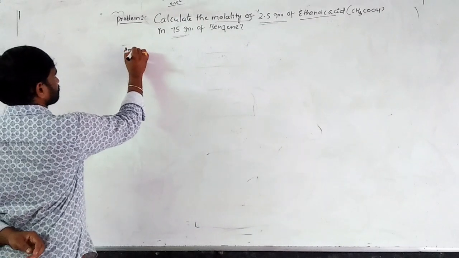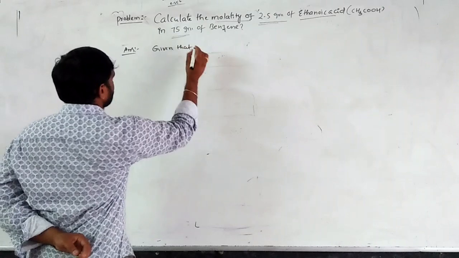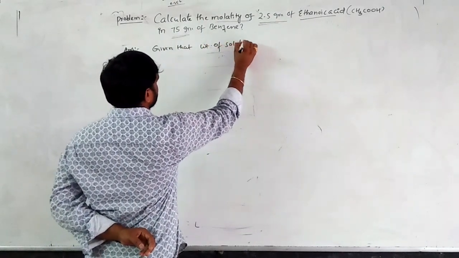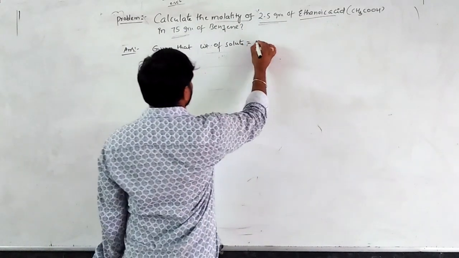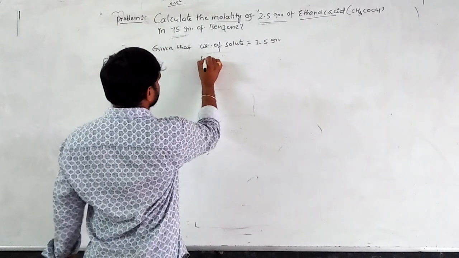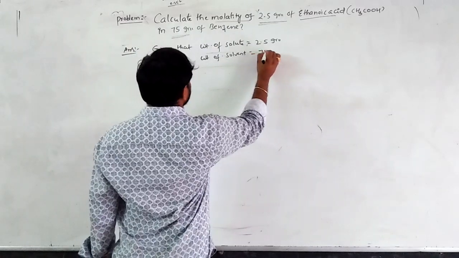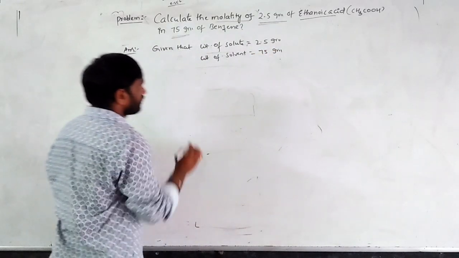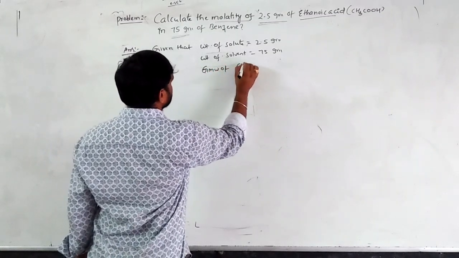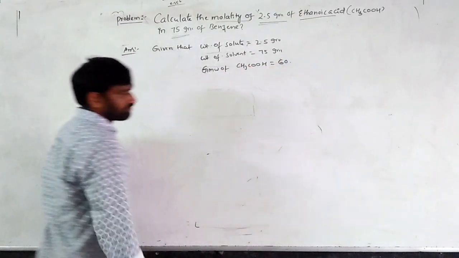So here, given the weight of solute equals how much, students? 2.5 grams. Weight of solvent equals 75 grams. Gram molecular weight of ethanoic acid, CH3COOH, equals 60.